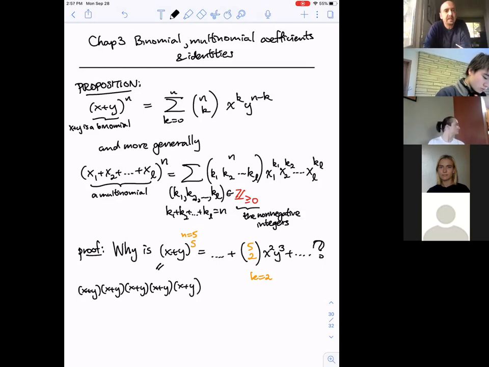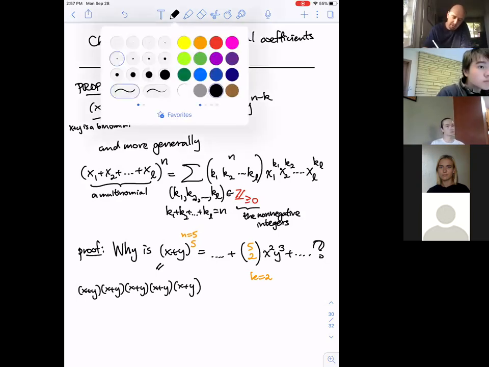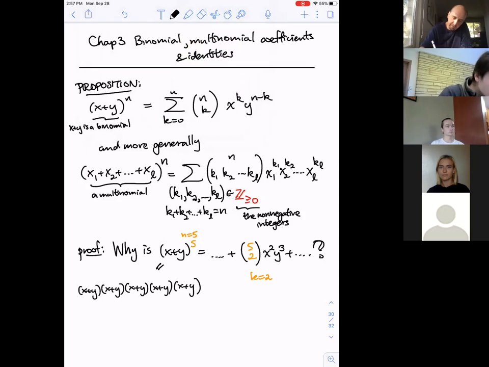I put them together, and I think about those parentheses as being parenthesis number 1, 2, 3, 4, 5. And so the point is, how are you going to get terms multiply out x squared y cubed?